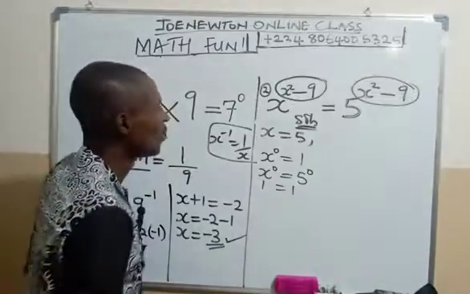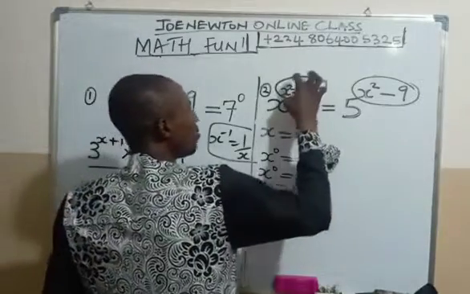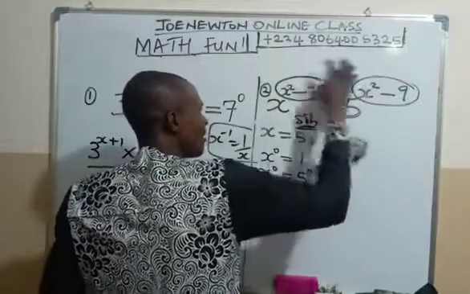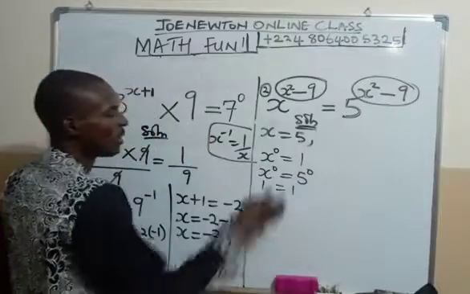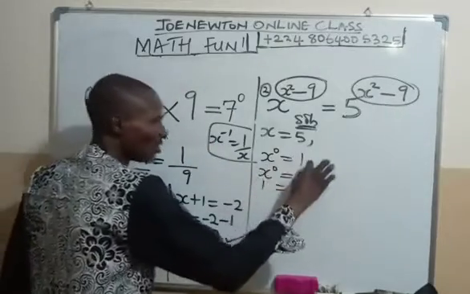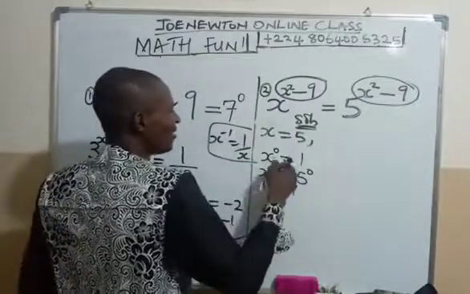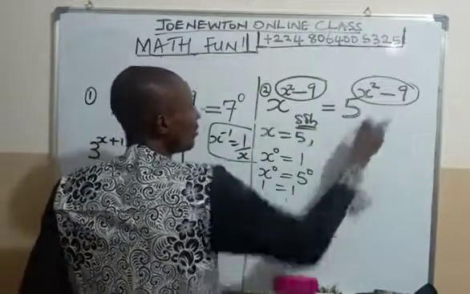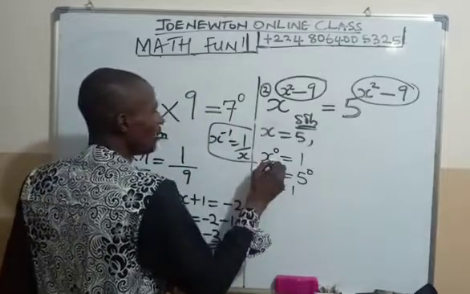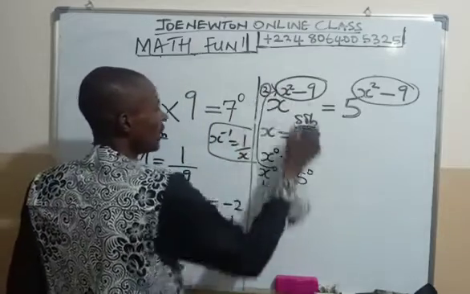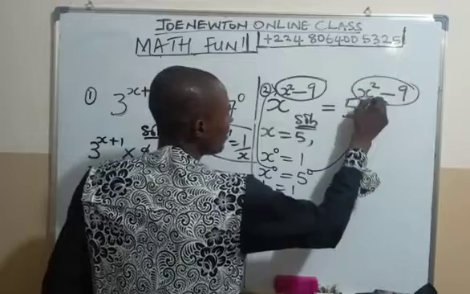So by that equivalence, we now substitute these powers here. Good. Because if 0 is the power here and 0 is the power here, then this is equivalent to this. So we have this one equivalent to this, and we have this one versus this.